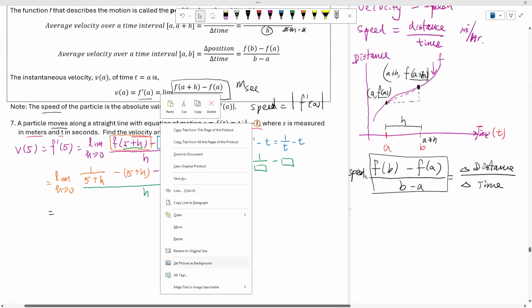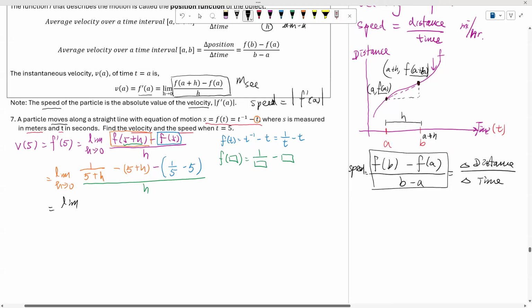And now let's see if we could simplify some of the expressions. You will see that negative 5 plus 5, they cancel. Nothing else we could cancel now.